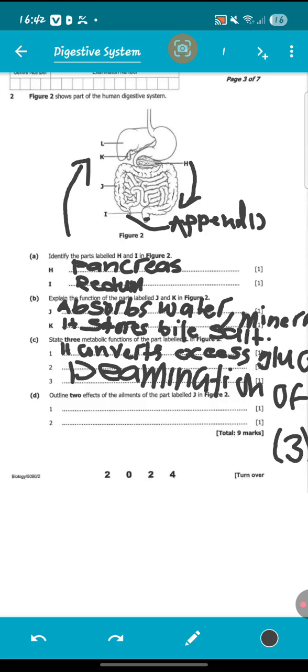Do you think water will be absorbed? No. And what will be the result? A lot of water will move together with the waste product. As a result, the person will suffer from what? Diarrhea.